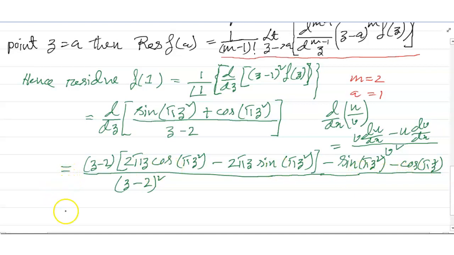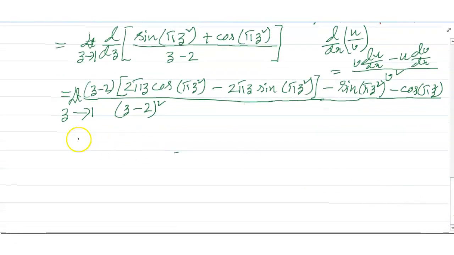Now I have to put in here limit z tends to 1, and in here also limit z tends to 1. So friends, just putting in this value, 1 minus 2 is equal to minus 1, and cos π, what is the value of cos π, friends?